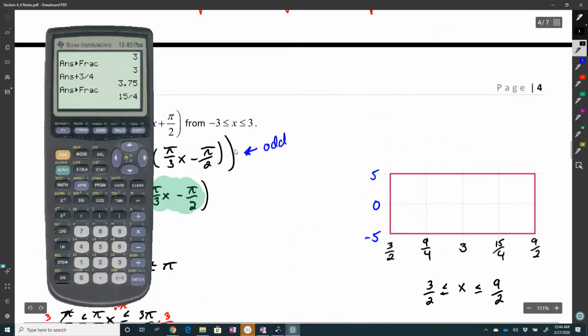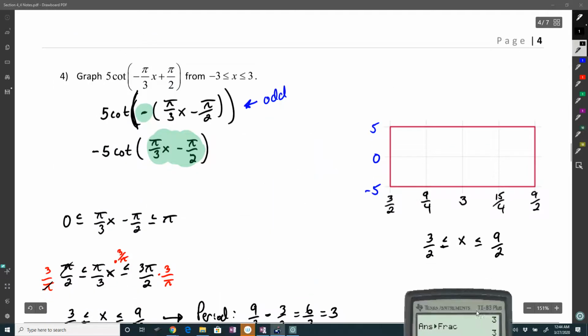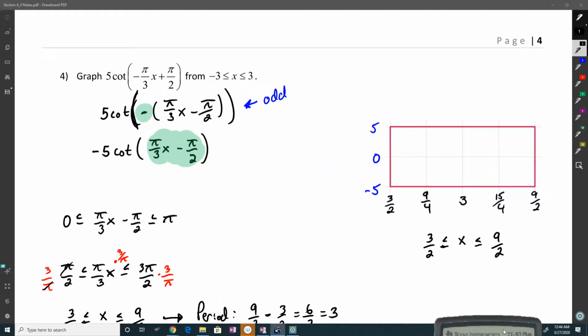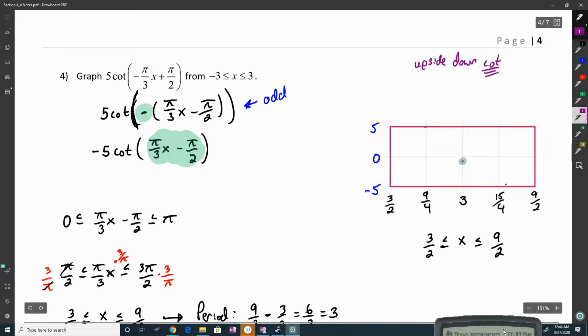All right. And so now we're dealing with, notice that this is an upside down cotangent. So usually a cotangent would go from here, here, and here. But we're not doing that because it's upside down. So it kind of flips around. It's going to be here, here, and here instead.